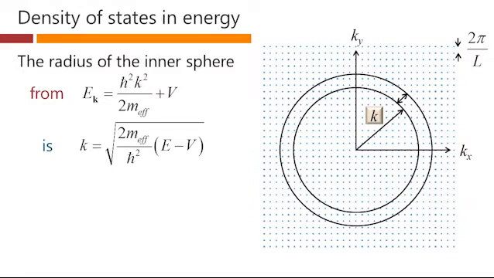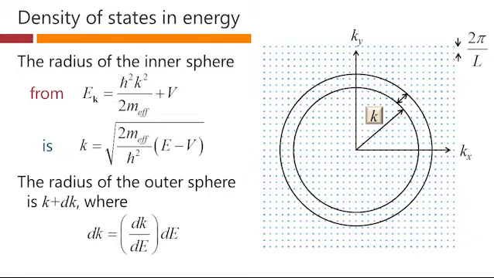So that's our K. And the radius of the outer sphere is larger by some small amount, dk, and since this is a very small amount, we can figure it out using the derivative. If we know how much K changes with E, then to find out how much K has changed, we use that derivative and simply multiply by the small amount of energy change, dE.